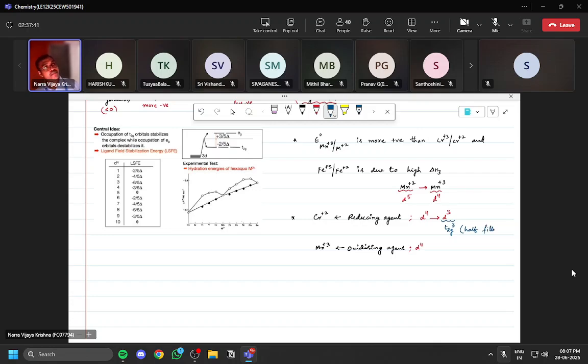When d4 converts to d5, here d5 itself is half filled. Here t2g is half filled, that's why it acts as reducing. Here d5 itself is half filled, that's why it is oxidizing. Clear? Any questions?